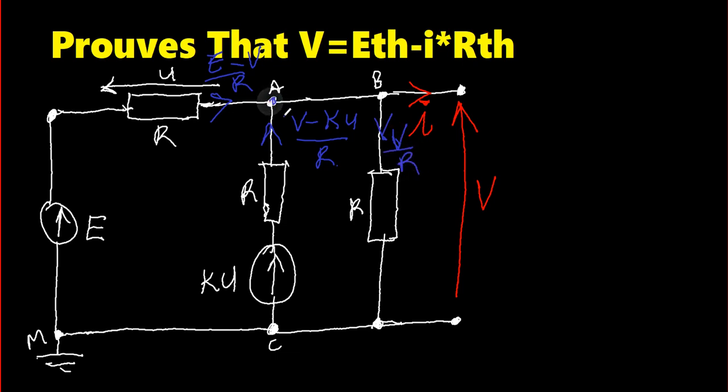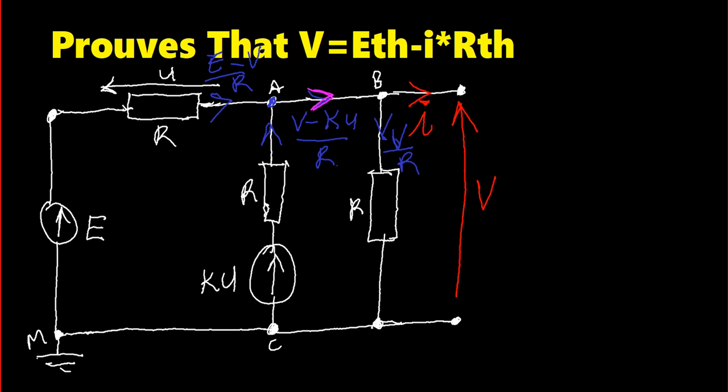Now in this junction, if you apply the first law of Kirchhoff, we can simply write that the sum of the current leaving the junction should be equal to the sum of the current going inside the junction. We can say the current going here will be equal to this first current minus this other one.